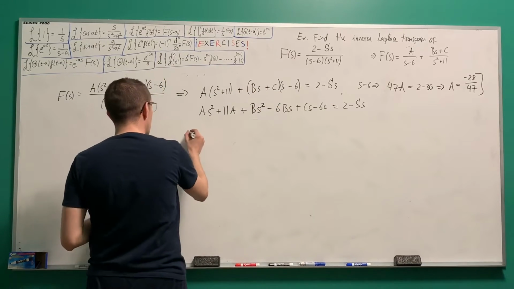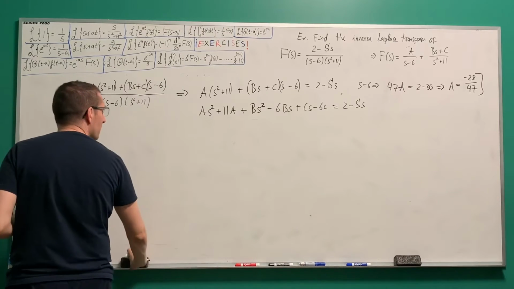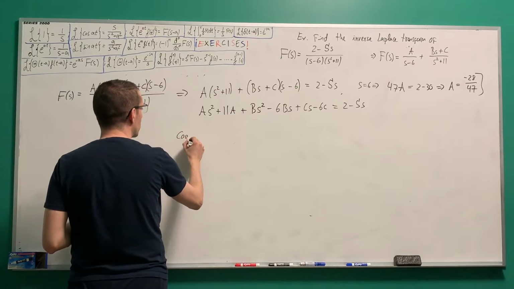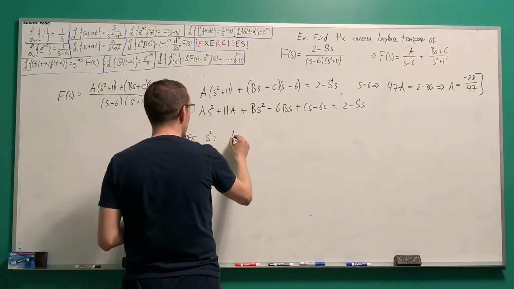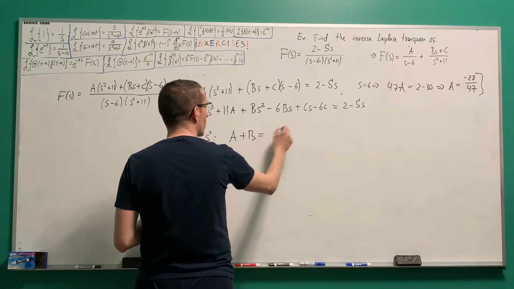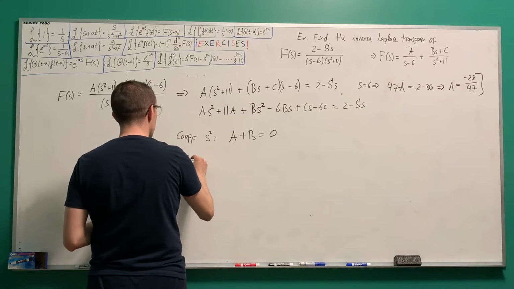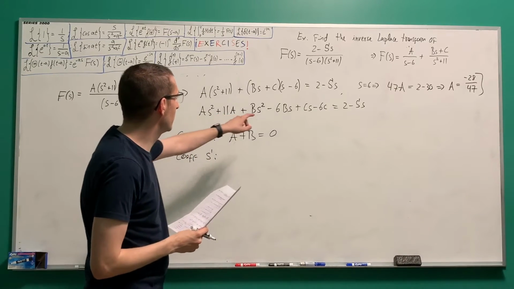So let's do that. The coefficients of s squared are, on the left, A plus B. On the right, there's no square, so 0. The coefficients of s to the 1 are, what multiplies s in here?